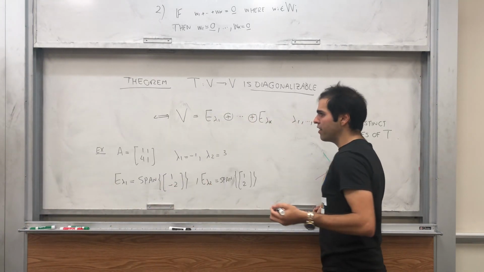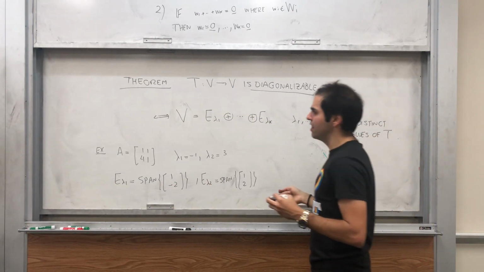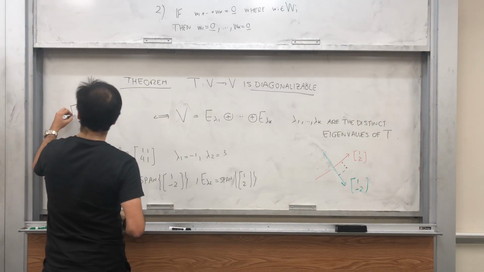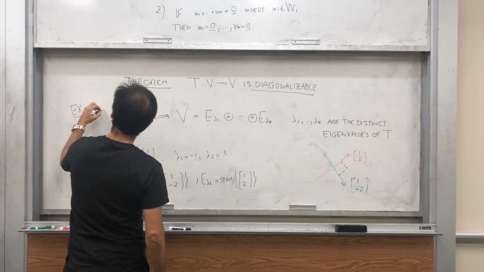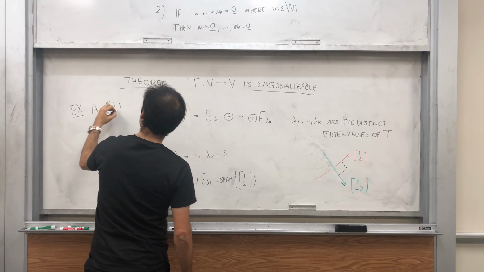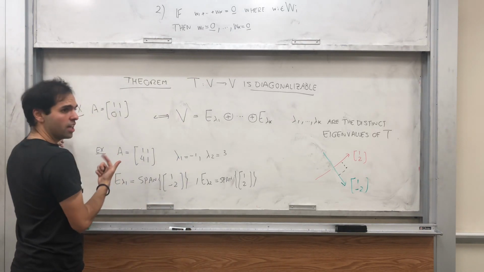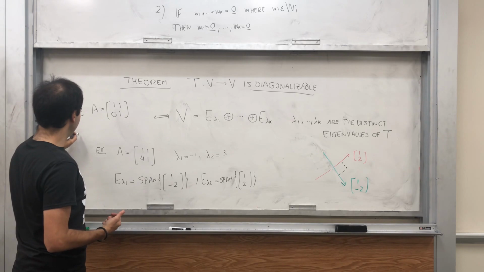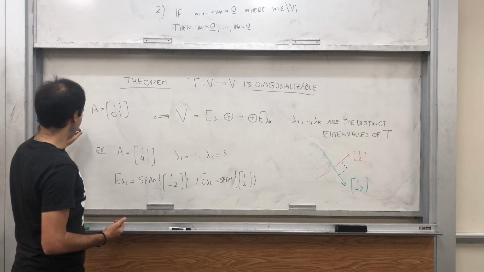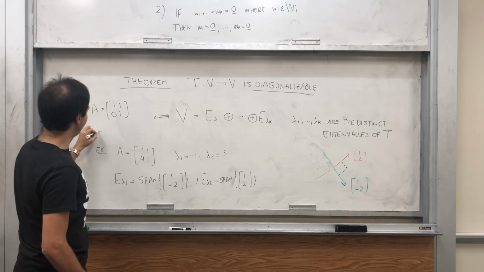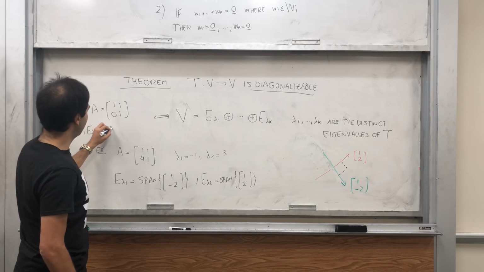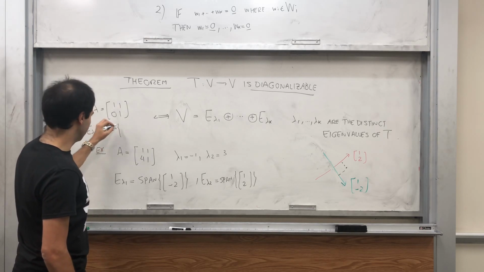On the other hand, what does it mean to be not diagonalizable? For example, the very famous example is this one: 1, 1, 0, 1. Then you can check there's only one eigenvalue, which is 1, and just one eigenvector, which is a span of 1, 0.